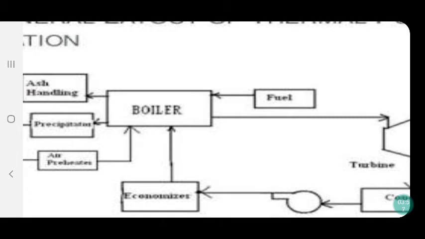If we burn the coal in the boiler, heat is generated, and as we go on heating the water, steam will be produced. If we burn the coal in the boiler, the heat is generated, and because of this heat, the water which the boiler carries will get converted into steam.